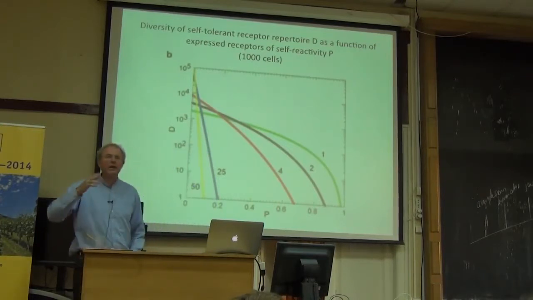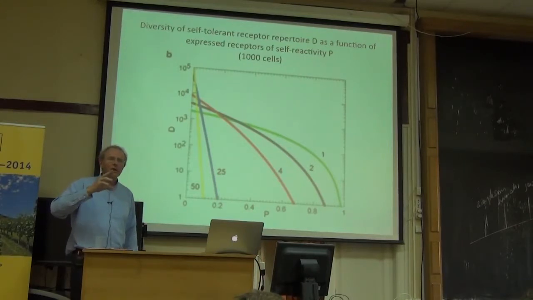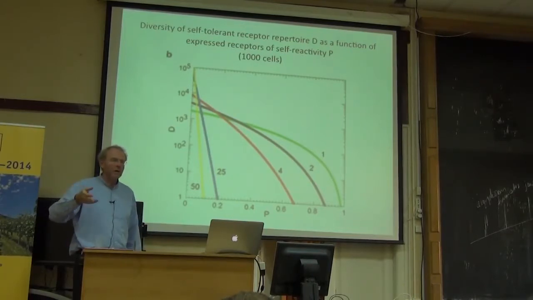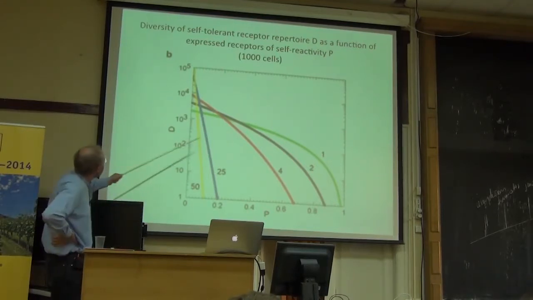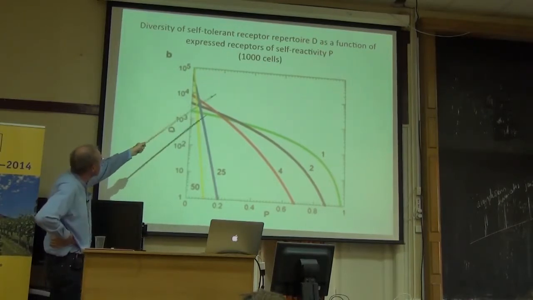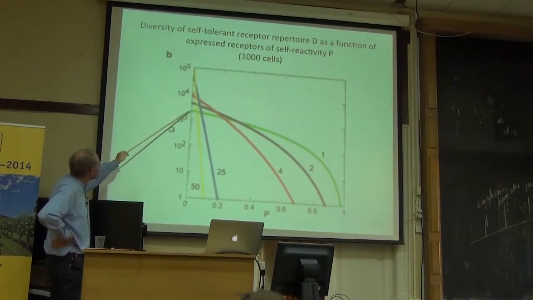Now when you translate this thinking into the diversity of the repertoire, because that of course matters, you want to have as many receptors as possible for as few lymphocytes as possible. So when you do this here, now this is the diversity, and this is now calculated for 1,000 cells, just to illustrate it. So you have 1,000 cells, you have 2,000 cells here, and it's the same logic.